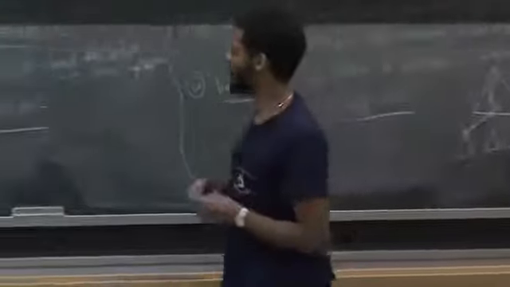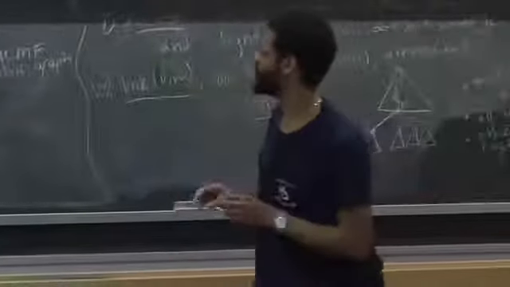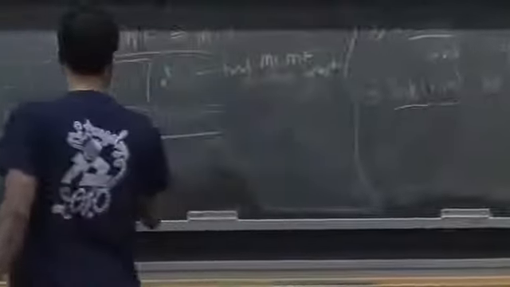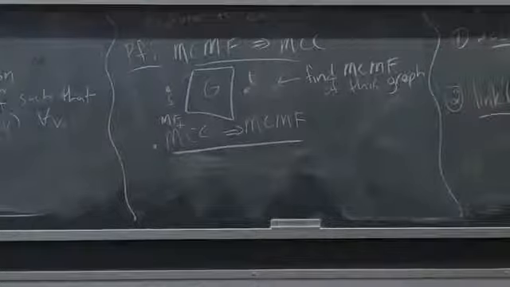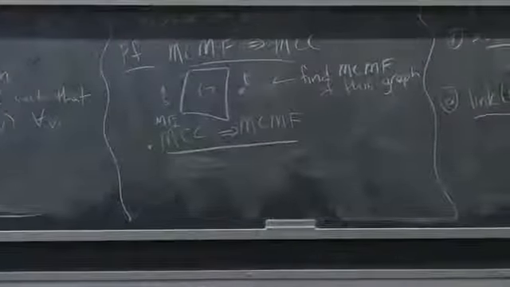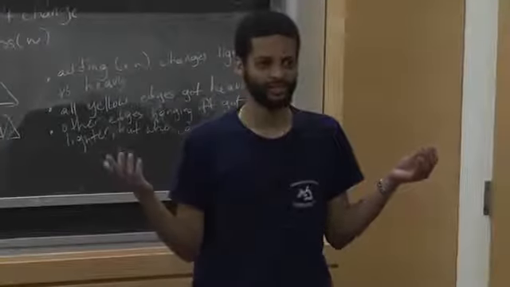So another thing that you can do is, look, the very first thing I'll do. Maybe I should have written max flow plus MCC implies this. The very first thing you do is just find any max flow. Don't care about costs at all. Just find a max flow. Okay. And now in your residual graph, find a min cost circulation.